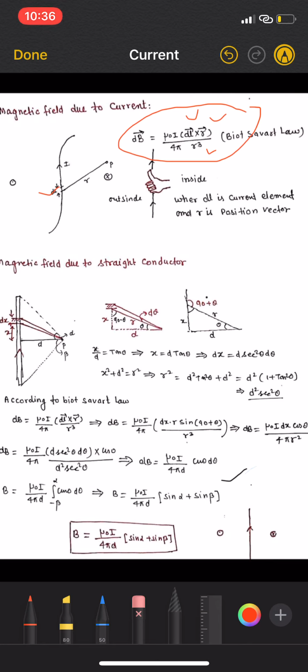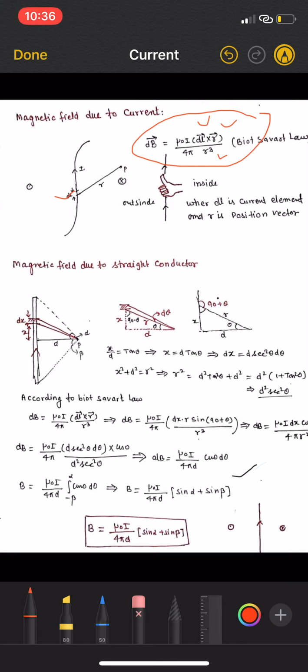Now using this, I will find the magnetic field due to a straight conductor. This is one straight conductor, and at distance d I want to find the magnetic field at point P. The first end of this conductor makes angle alpha at point P, and the second end makes angle beta.